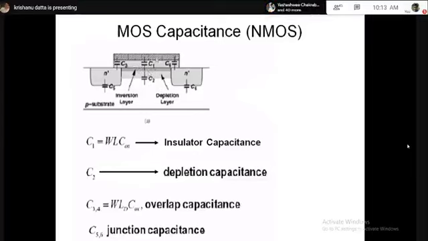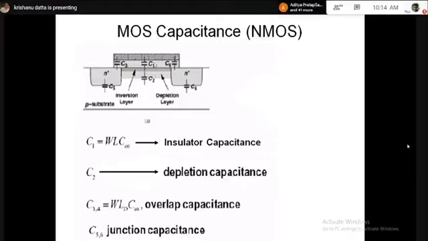You get a parallel plate capacitor called C1. Interestingly, there is another component called C2. What happens from channel to substrate or body, in between you have a depletion layer, right? So channel to body through the depletion layer gives another capacitance called C2. So the effective capacitance will be the C1 and C2 combination as far as the capacitance from the gate is concerned.